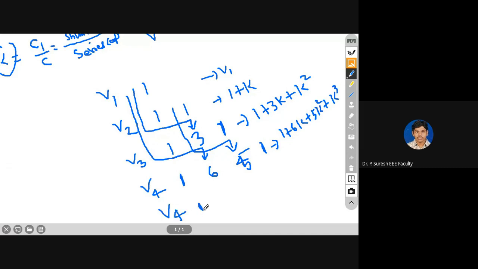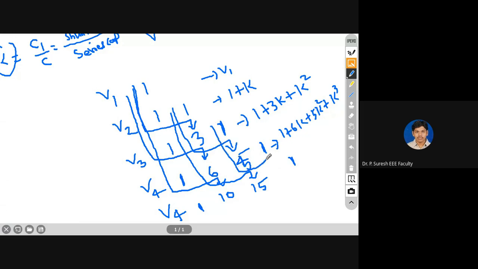What about the next value, anyone? First value will be 1, last value will be 1. What is this second value? Just by adding all the values of first and second one, what is this value? 1 plus 1 plus 1 plus 10, we will get 10. What about the next one? Adding second one plus this one, what is this value? 15, sir. 15. What about this one?